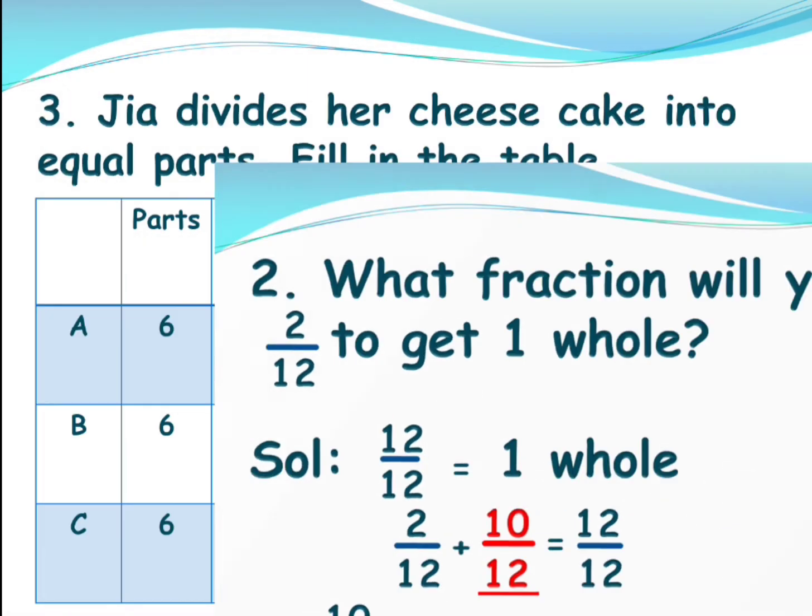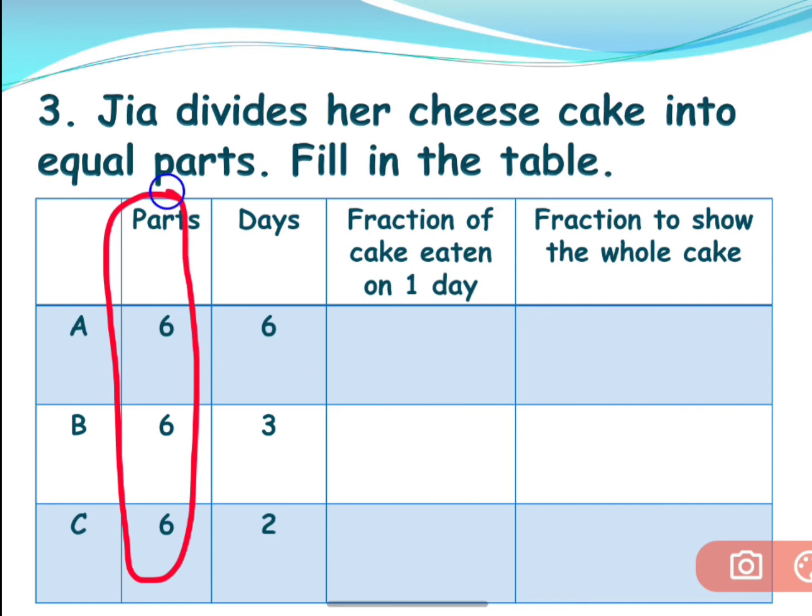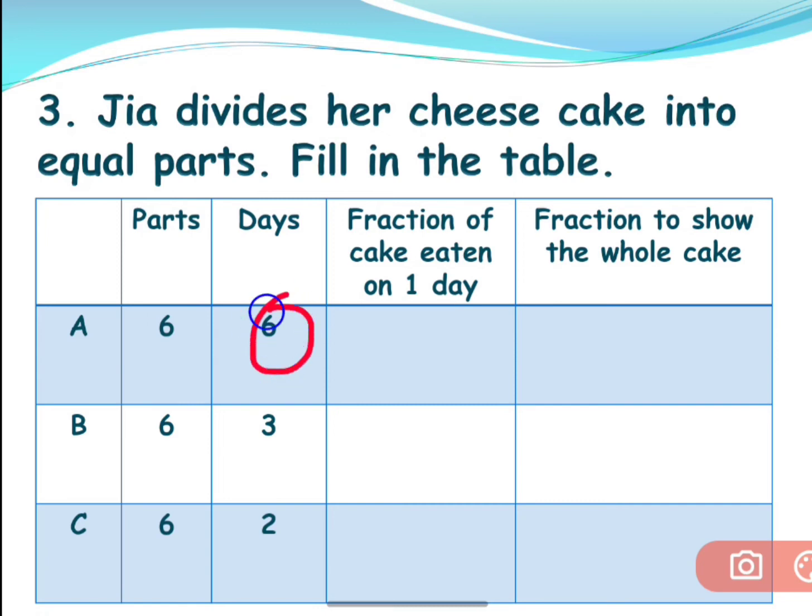Next one. Gia divides her cheesecake into equal parts. Fill in the table. That means she has a cheesecake and she has divided it into 6 equal parts. Here they have given parts, which is 6, isn't it? So 6 equal parts, and we have to see what will be the fraction if she eats the same cheesecake in 6 days, 3 days and 2 days.